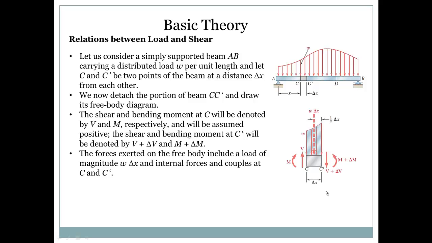The forces exerted on the free body include a load of magnitude W delta x. That's if we concentrate this segment of the load, it's W, the value of the load, times delta x, which is the length where the load is distributed.